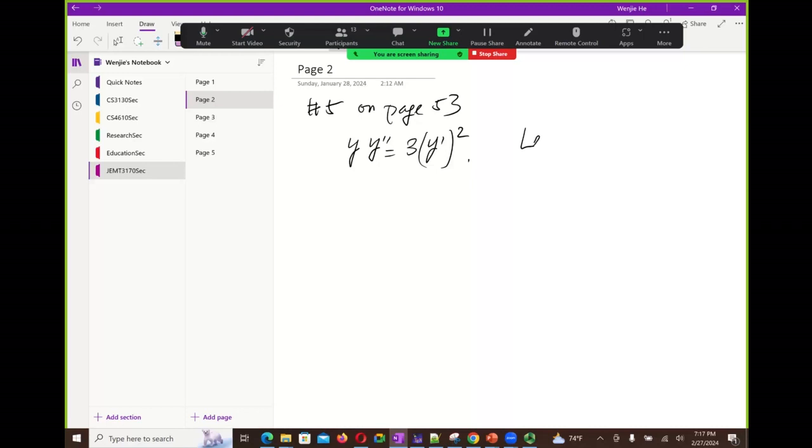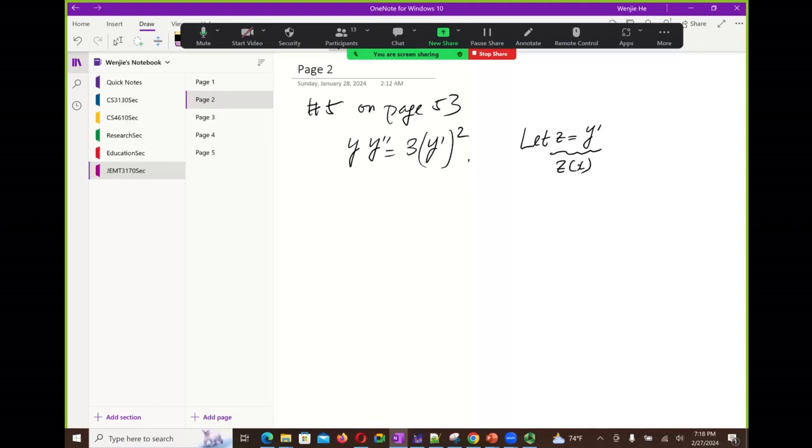First, we let z equals y prime. That's okay, right? So that step is simple. But the next step is the hardest part. Here we have a z function. Usually we treat this z, which is y prime, as a function of x, right?